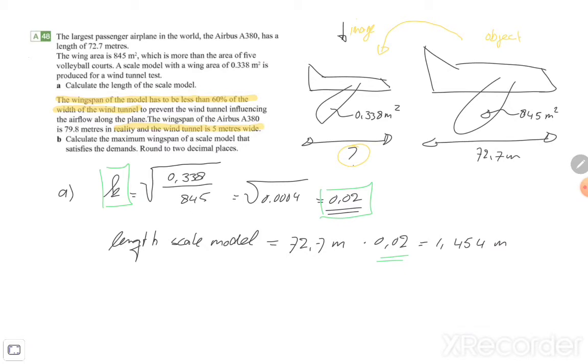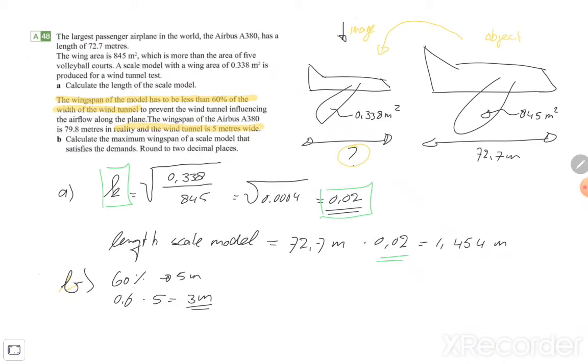So for exercise B, 60% of 5 meters is 0.6 times 5, which is 3 meters. So we already know the measurement for my image, because that's 3.